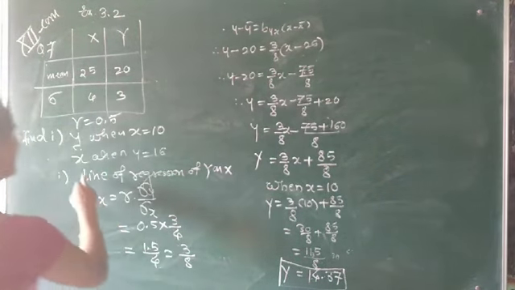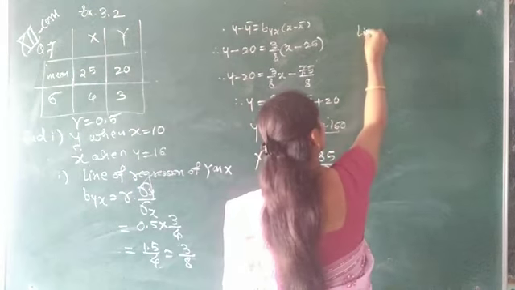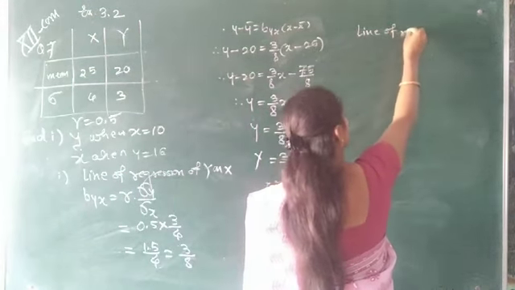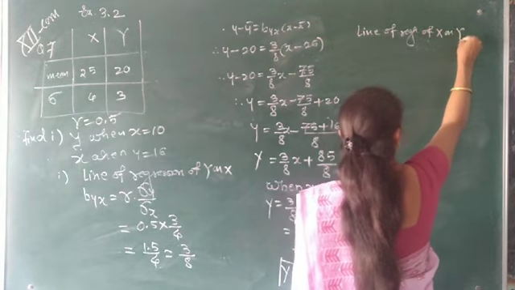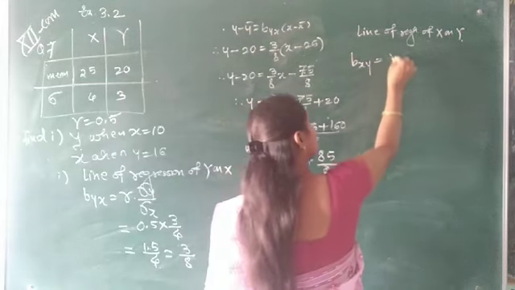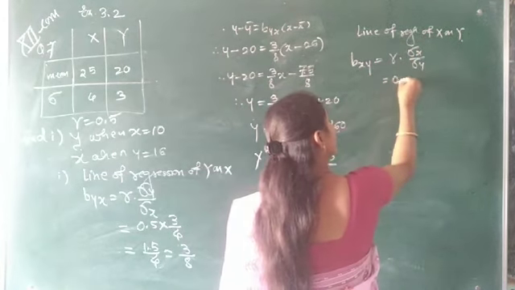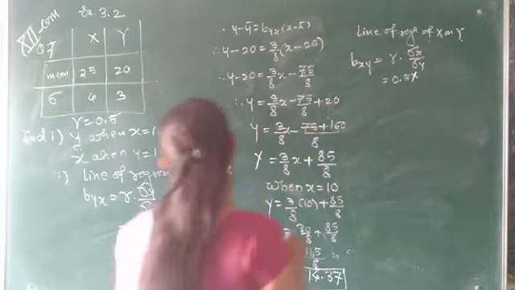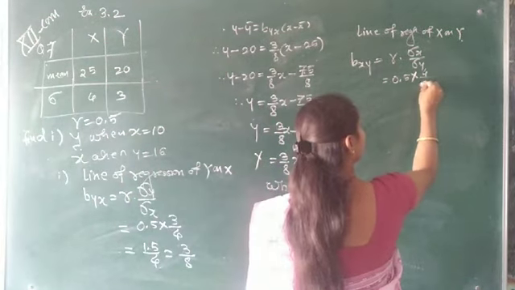Now see the next, that is find the line of regression of x on y. Line of regression of x on y, that means bxy is equal to r into sigma x upon sigma y. R is 0.5, sigma x is 4 and sigma y is 3, so 4 upon 3.